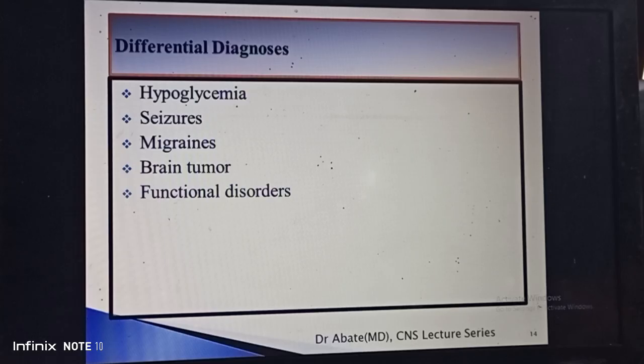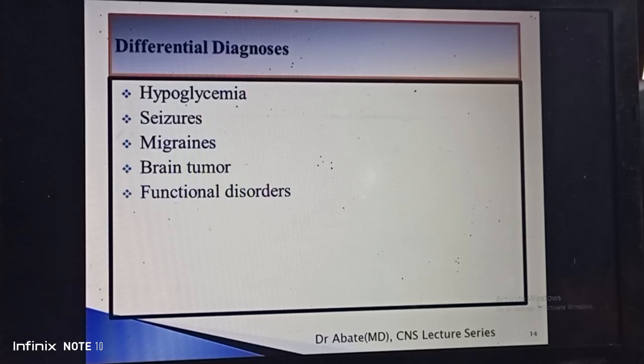The other important thing to discuss is the differential diagnosis for stroke. Patients with hypoglycemia might present with symptoms that mimic stroke. The hypoglycemia by itself might mimic stroke.